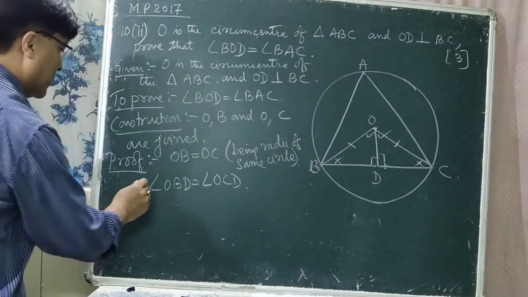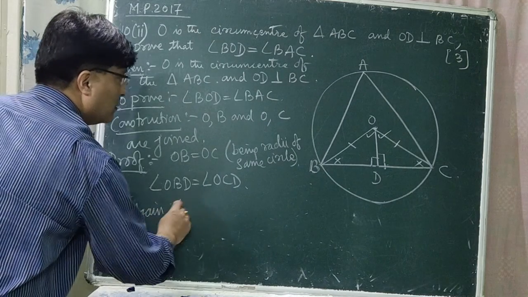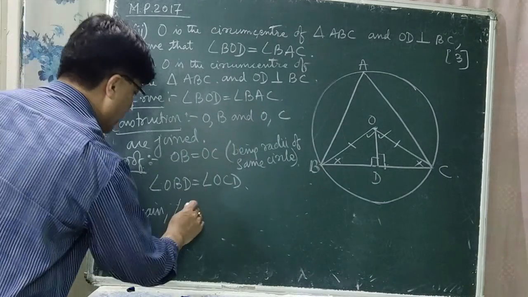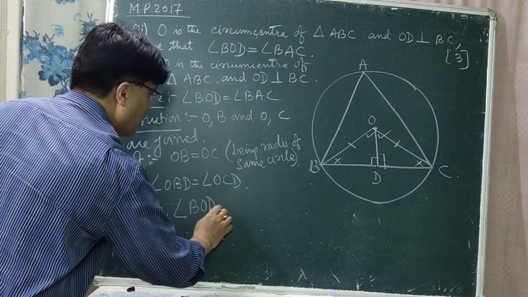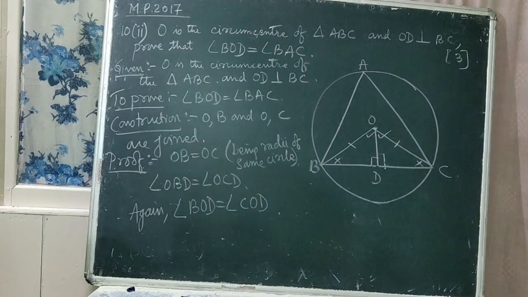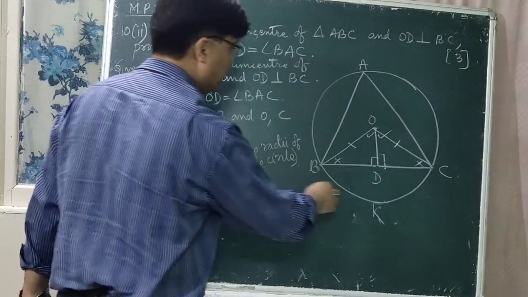That means we can write again, angle BOD is equal to angle COD. Is that clear to all of you? So I think you have understood it. Now suppose this BKC is an arc, okay?